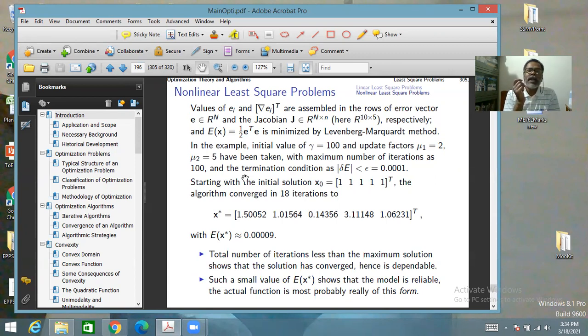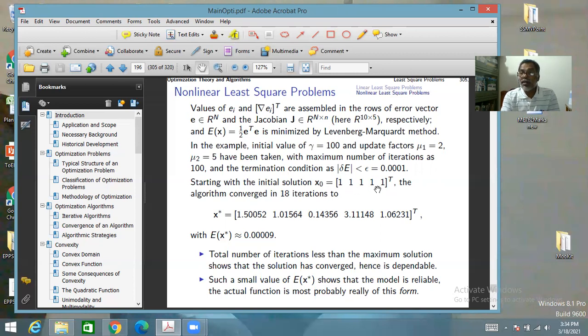I gave the maximum number of iterations as 100, to which it did not have to go. Before that, it reached the termination condition, which is a tolerance of this. That is, delta E turned out to be less than this within something like 18 iterations. So we started with this starting point.